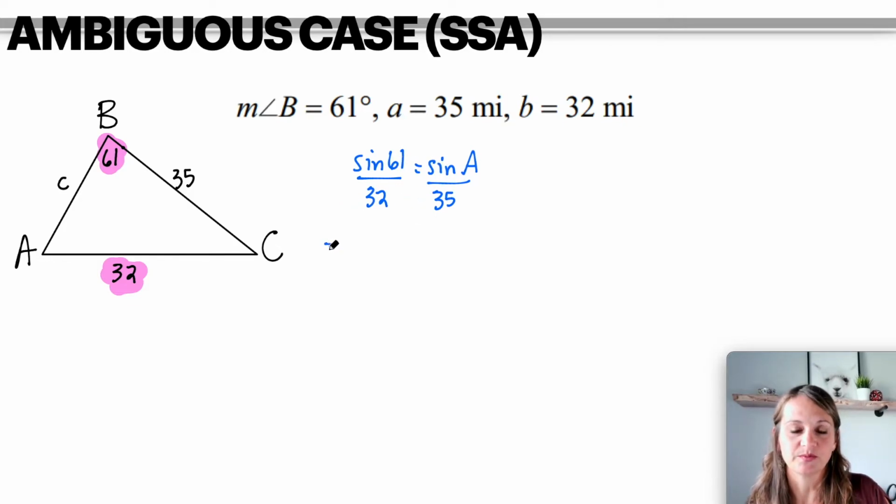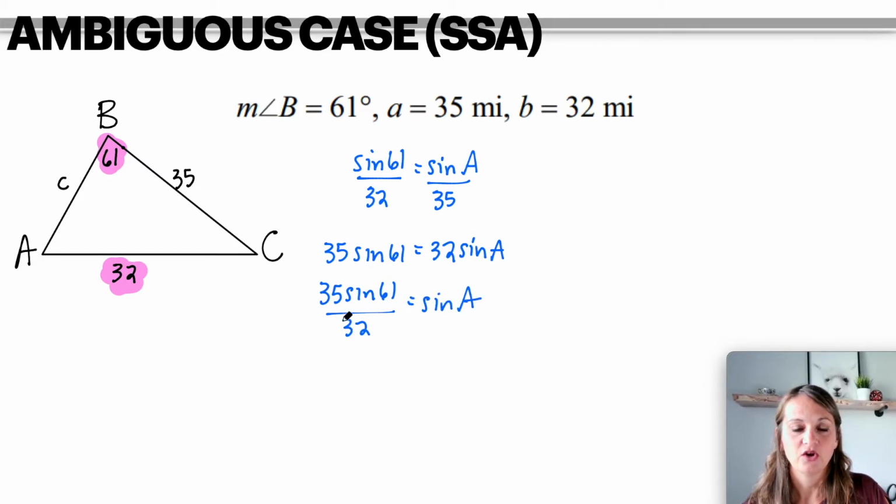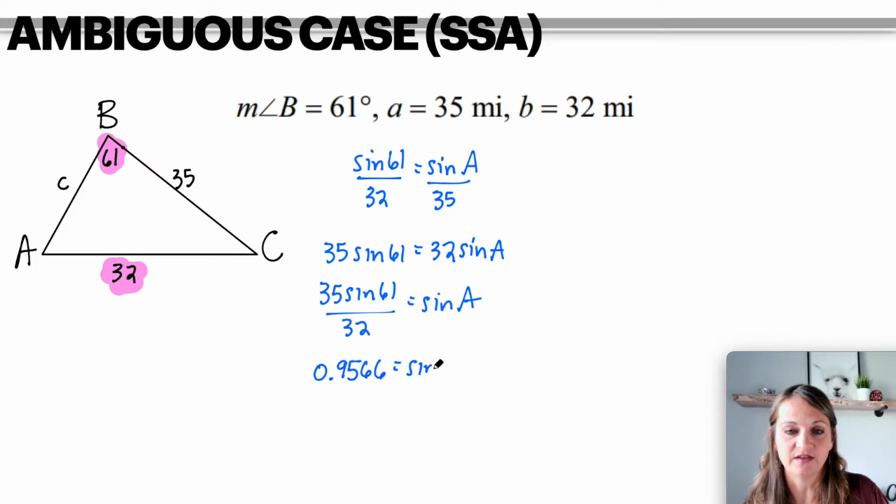When you cross multiply and divide, you will get 0.9566 for the sine of A. Anytime you're trying to find an angle, this is where you take the inverse.